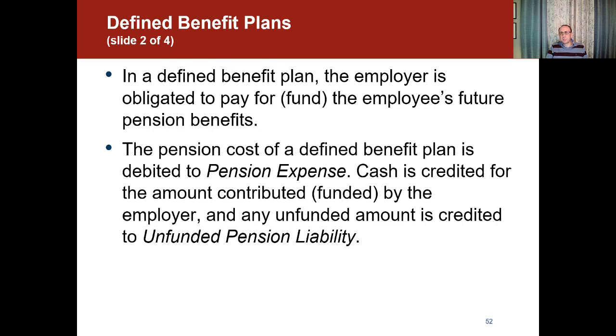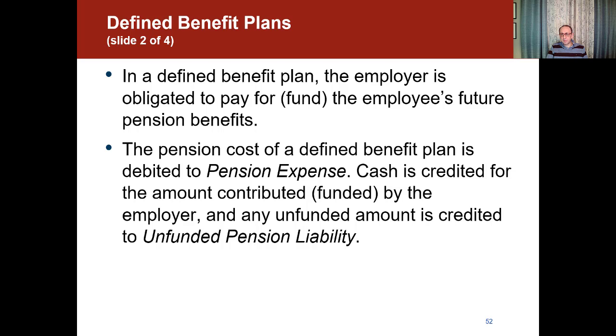In a defined benefit plan, the employer is obligated to fund the employee's future pension benefits. So they're just funding it, but they're not investing it right away. And that's why we always see that some of these employers underfund, because they really don't have the obligation to pay the pensions right away.